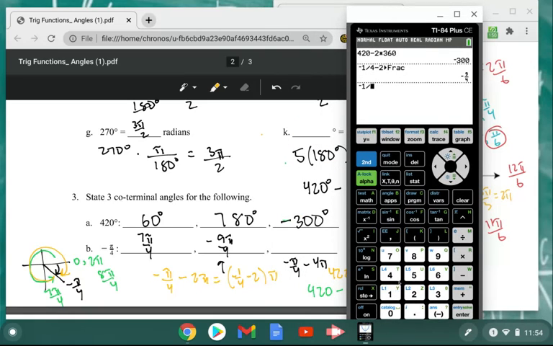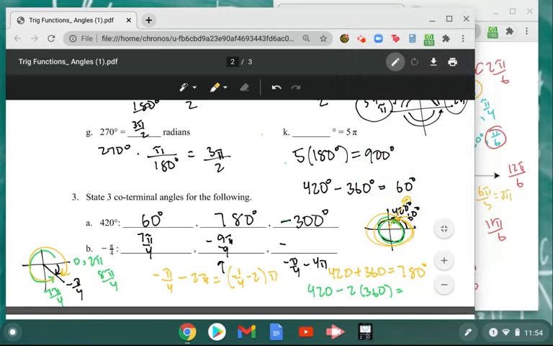So negative 1/4 minus 4. And I know I want to convert that to fractions. So math, convert to fraction. And this gives me negative 17 fourths, and I've got a pi in there. So negative 17 fourths pi.